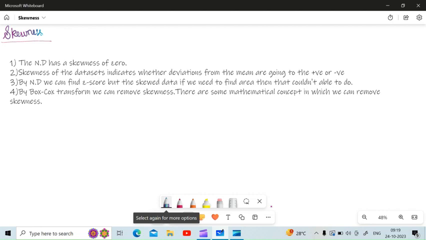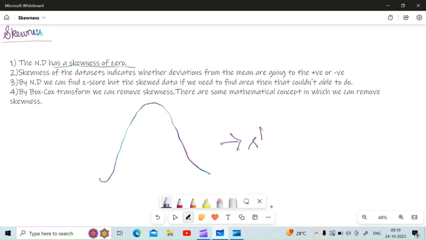Now let's move to some of the most important properties. The first property we have already discussed, that mean is greater than median is greater than mode, something like that. The second property that we have represented over here is that the normal distribution has a skewness of 0, right? So if it is normally distributed data, then your skewness will be 0.